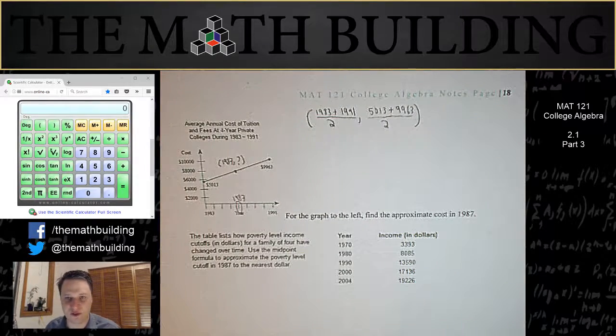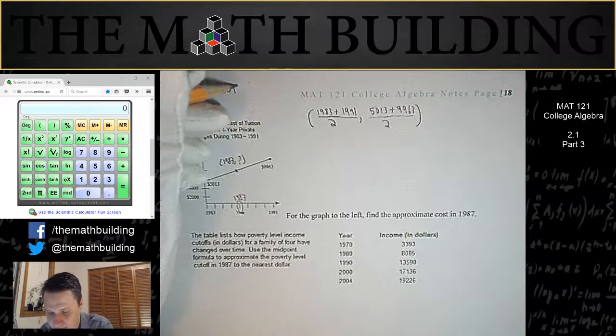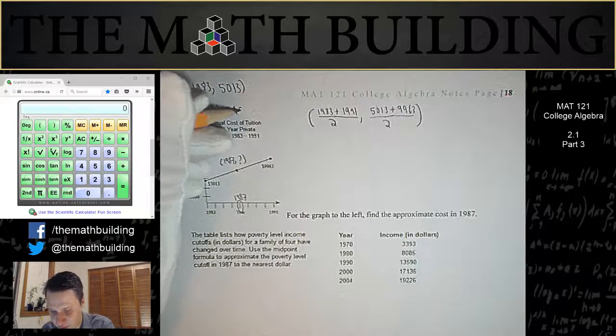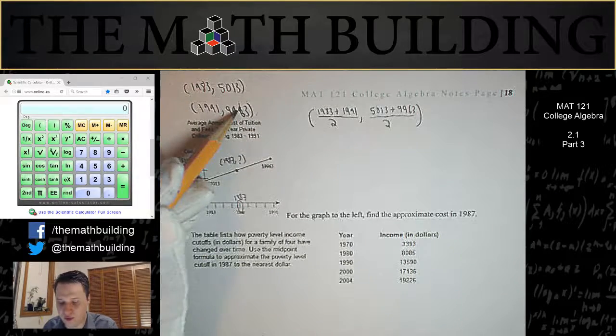And then you're just going to simplify that. So maybe what I should have done is point out that our first point was 1983, comma 5013, and our second point was 1991, 9963. So those were our 2 points, x1, y1, x2, y2.